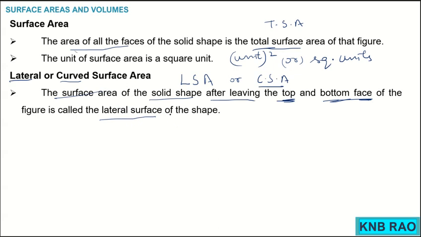The sum of the lateral surfaces' areas is the lateral surface area. Which are the lateral surfaces? Except top and bottom. The unit of lateral surface area is also square units or unit square; we can use either.